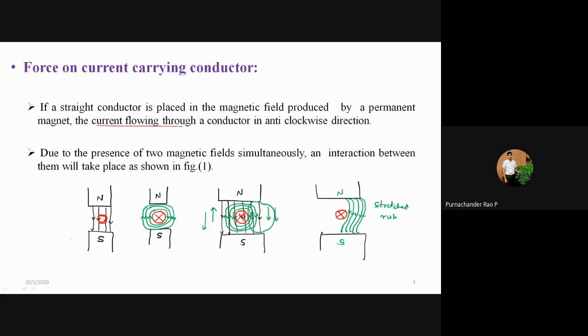Then this will exert a high force on the conductor, and this conductor will be moved to the right side. Here the flux weakening takes place to the left side of the conductor, but more flux is gathered here.